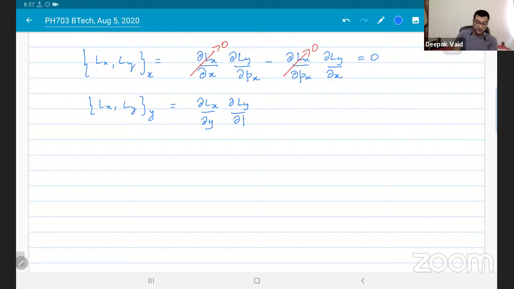Then I can ask what is the y component. dLx by dy, dLy by dpy. Now once again, I know that here I have dLy by dy, right? So Ly will not depend on y, and Ly will not depend on py.